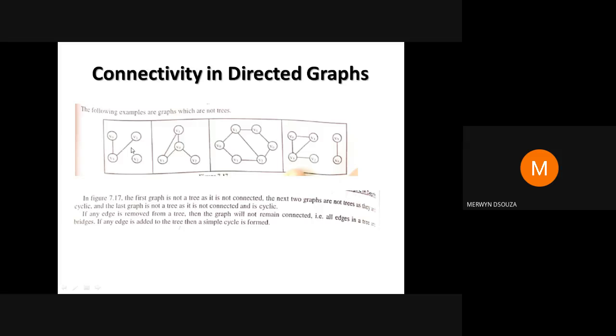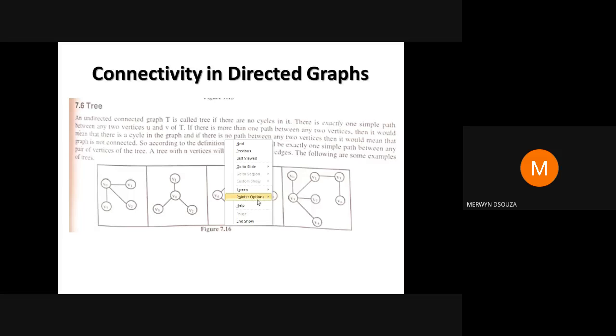You can check here, these are examples which are not trees. Why? Because there may be more than one path, or the graph may not be connected, or there may be cycles.